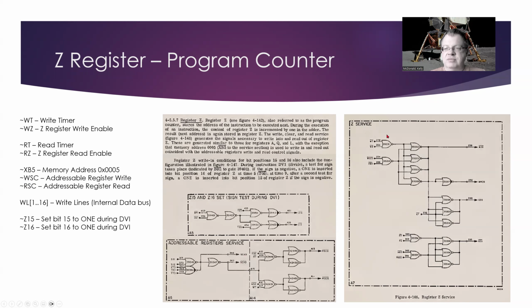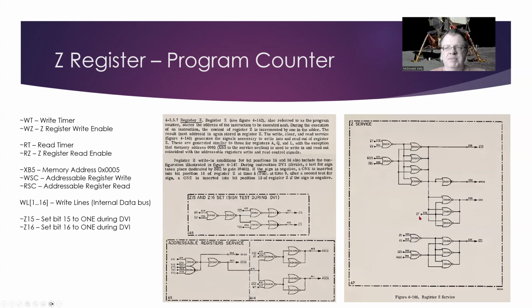So we can get in with either this combination here or this combination. This is the direct write, where we have a WZ control pulse. And this is if it's the XB5, which is the signal indicating that the memory address is 0005. Then, through various logic, these are combined to produce this particular internal control signal, which enables data to be written into that particular register.